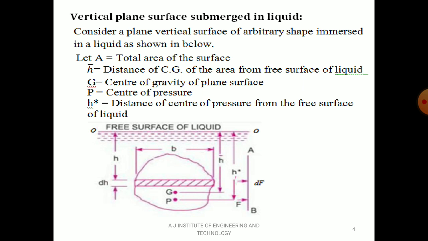G equals the center of gravity of the plane surface, and P equals the center of pressure, where the total pressure force is going to act. h star equals the distance of the center of pressure from the free surface of the liquid, or the position of the center of pressure from the free surface of the liquid. You can see the diagram. h bar is measured from the free surface of the liquid, that is OO, to the point G. So this is the distance of the center of gravity of the area from the free surface of the liquid.